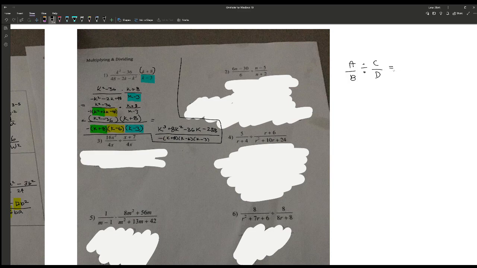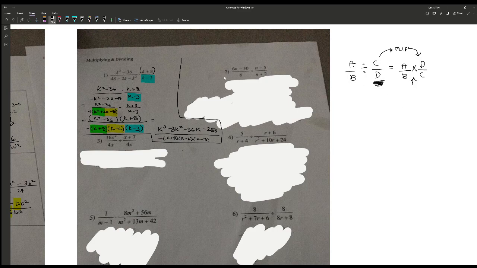This is equal to a over b times d over c. So this is just flipping the divisor, not the dividend. You flip the second fraction and then multiply it together.